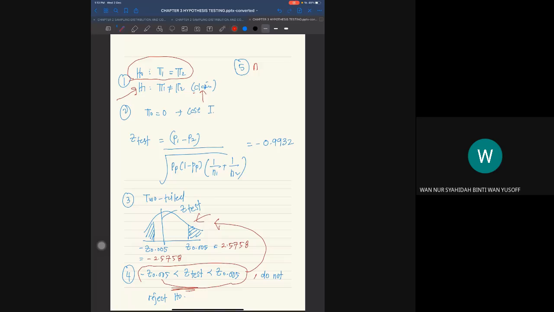So at alpha 0.01, there is enough evidence to reject the claim that there is a difference in proportion between model 1 and model 2.